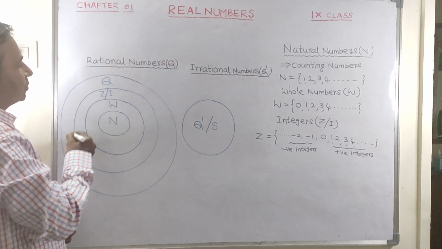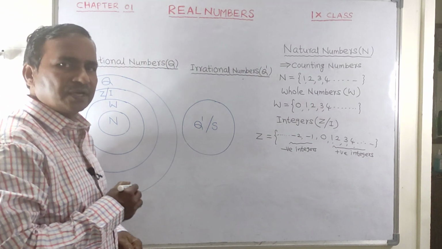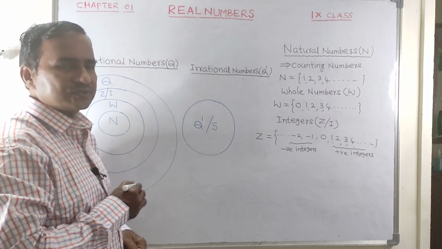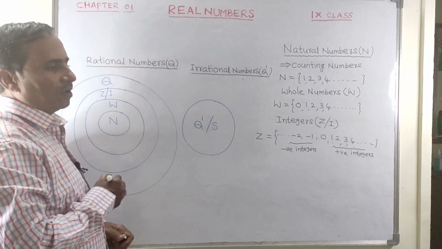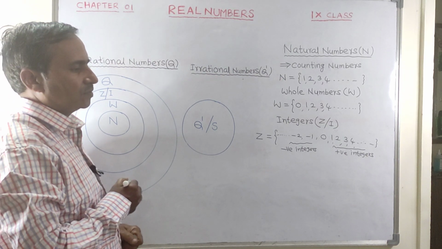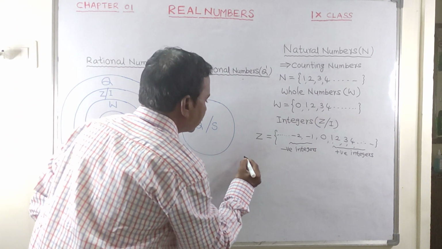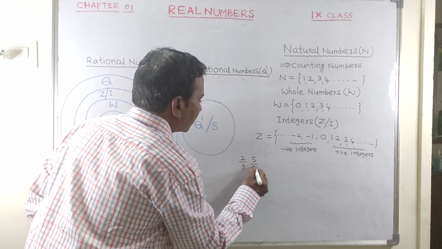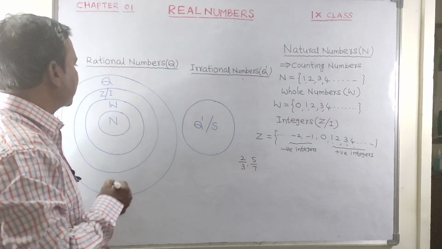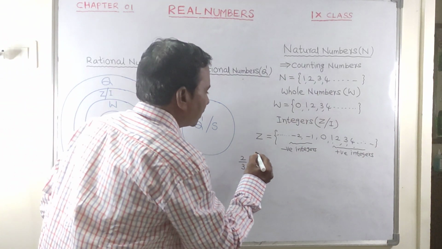Now coming to the next one, Q. Q stands for the rational numbers. Do you know, children, you have already learned in the previous classes, or in your lower classes, about fractions. Fractions, like 2 by 3, 5 by 7, like that, no? These are called fractions. So here Q represents rational numbers.